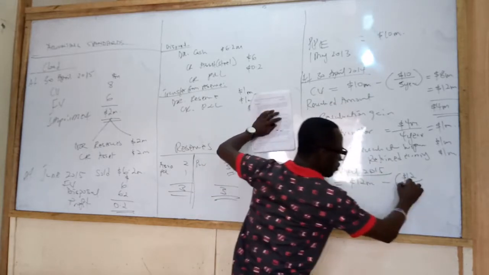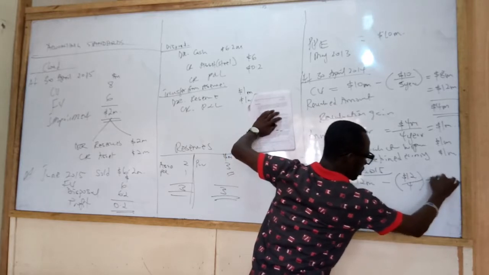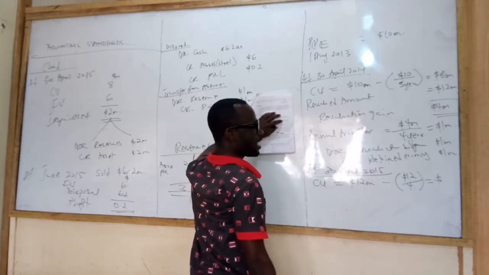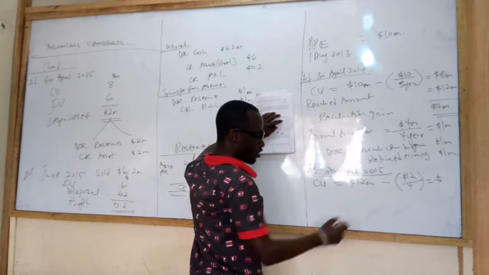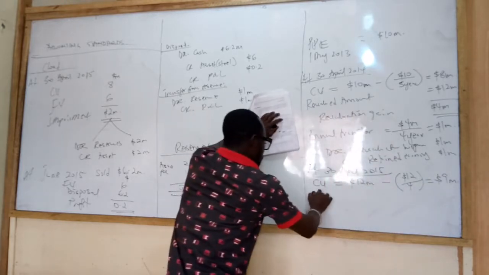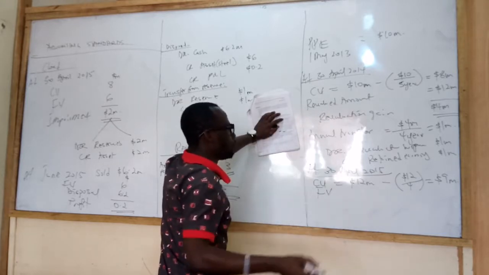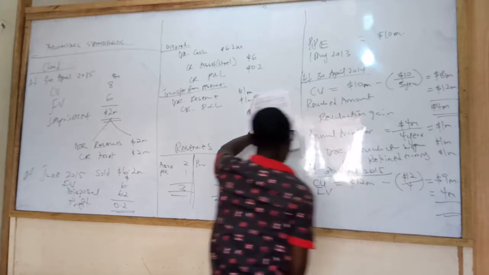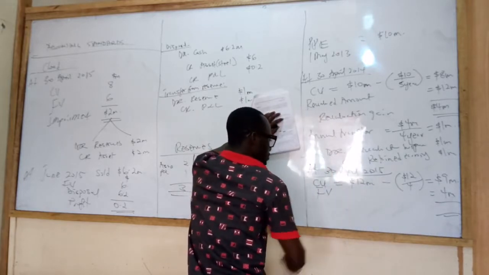What will be the depreciation over 4 years? 3. You sure about that? So the charge for the current year is 3. So 12 minus 3, 9 mil. But what is the fair value? It has fallen to 4. So there is a revaluation loss of how much? 5.